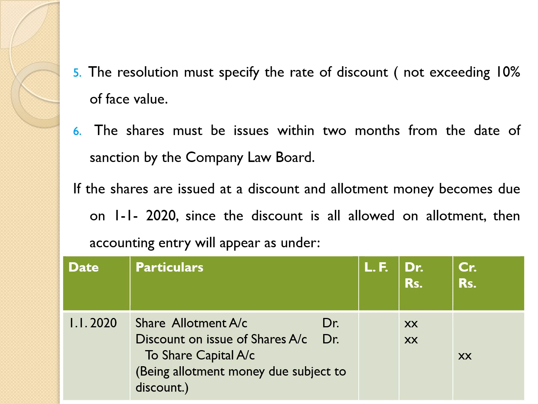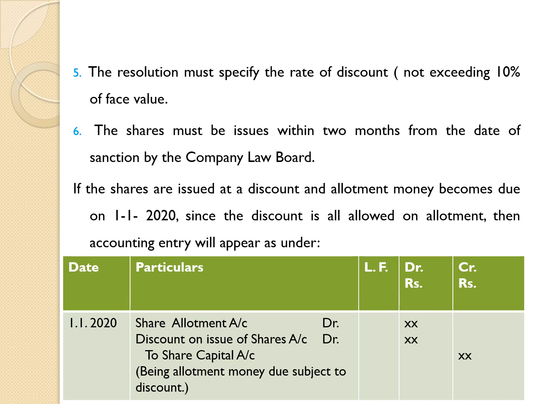I am putting one example for your information here. If the shares are issued at discount and allotment money becomes due on 1st January 2020, since the discount is allowed on allotment, then the accounting entry will appear as under.